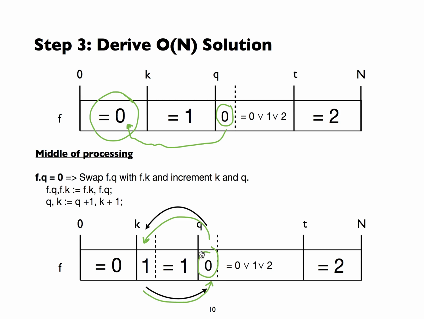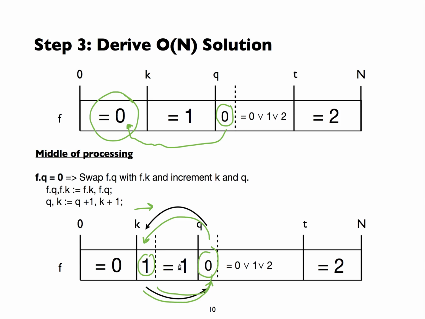Now once we do that, there are two things that we need to do. We've just put a 0 in here, so the segment of zeros needs to grow by 1. K needs to go in this direction, so k needs to be incremented. Also, we've taken the 1 from here and put it over here where there was a 0.